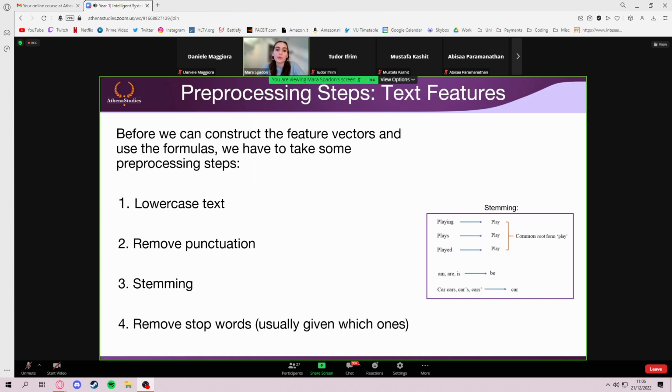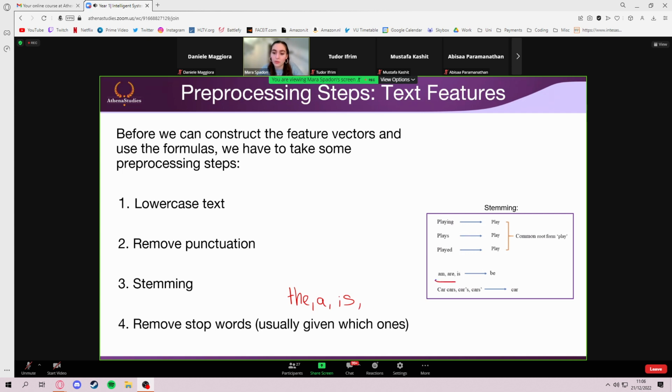So before we can construct the text feature vectors and use the formulas, we have to take some pre-processing steps. These usually include to lowercase the text, to remove punctuation, to apply stemming, and to remove stop words. Stop words are usually given, and if they're not, you can just get rid of the words that occur very often, like the, a, is, stuff like that.